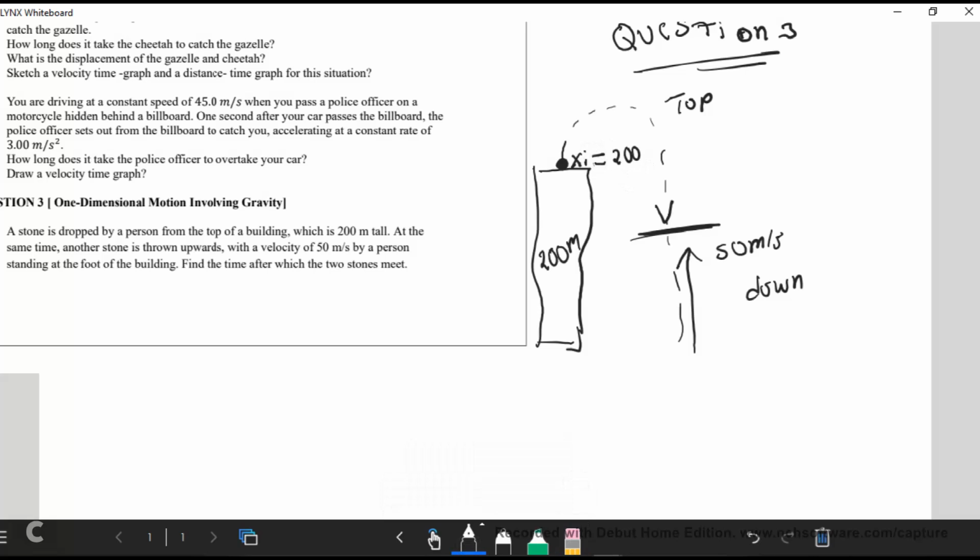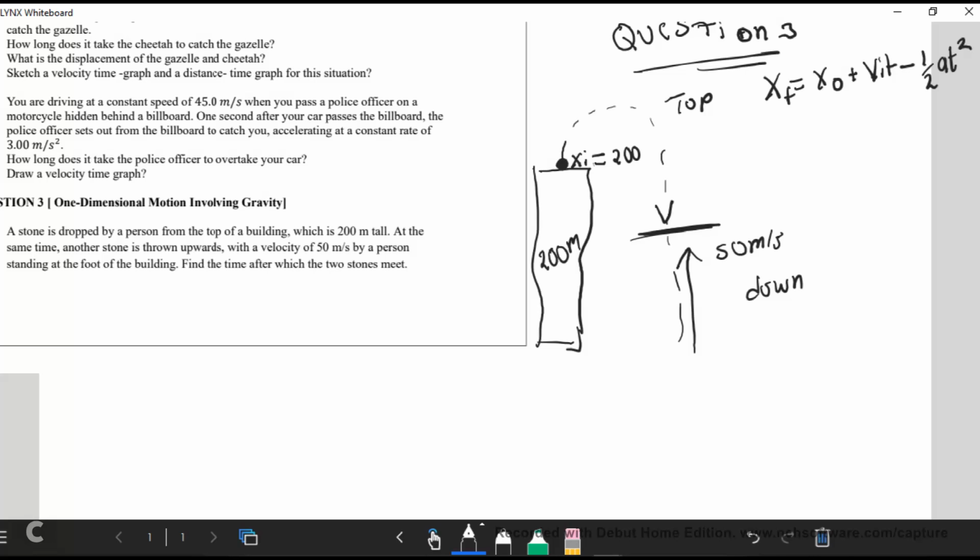So the formula that you need to use is this: final displacement is equal to initial displacement plus v_i t minus 1/2 a t squared. If you are dealing with motion on the y-axis, the acceleration is negative all the time.